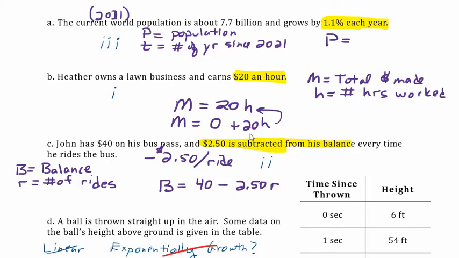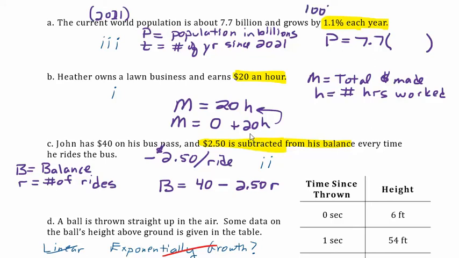All right, what's the population starting at? Starting at 7.7 billion. So let's say this is the population in billions. Then we don't have to write out all those zeros. Since it's a percent increase, we're going to multiply by the multiplier. What would the multiplier be for a 1.1% increase?